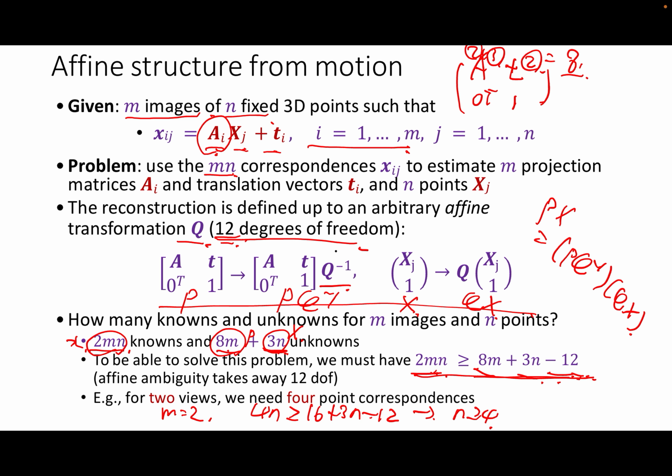So we need at least 4 point correspondences to do structure from motion, to recover the camera parameters and the 3D points at once. This is the condition to solve the problem.